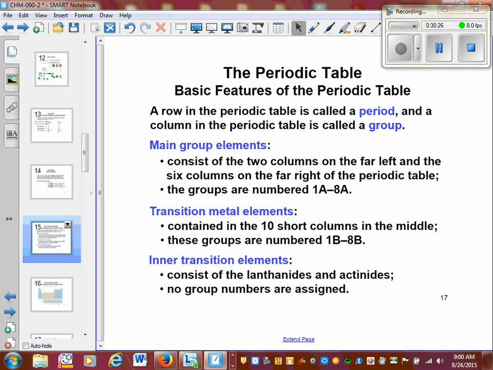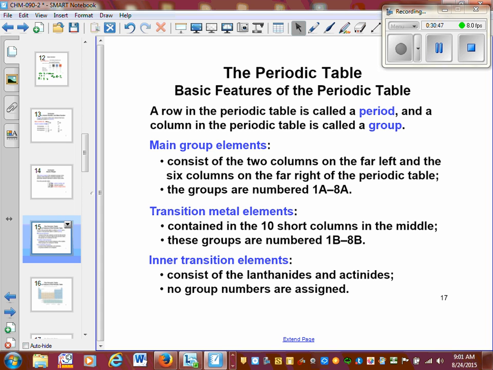That's row 6 at the bottom, 56 to 71. Those are called the lanthanides. In row 7, you see actinium, 89, and there's that little space there. And then you have thorium to lawrencium, 90 to 103, which fits in there.